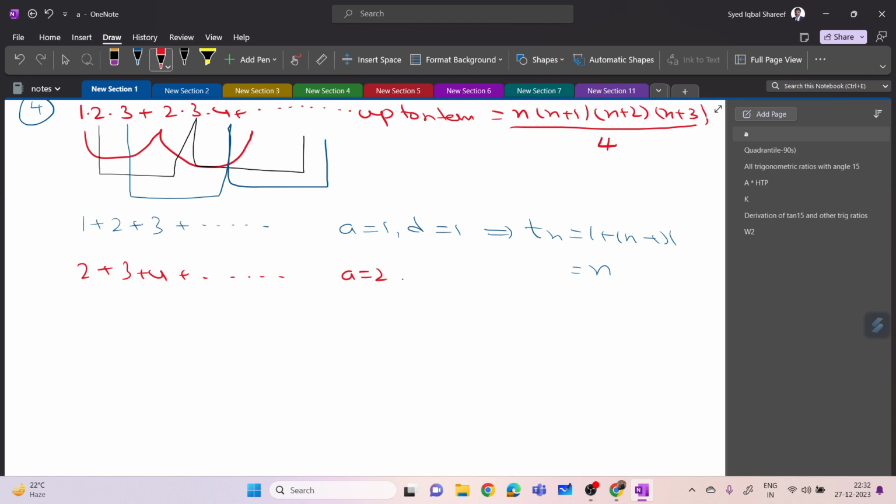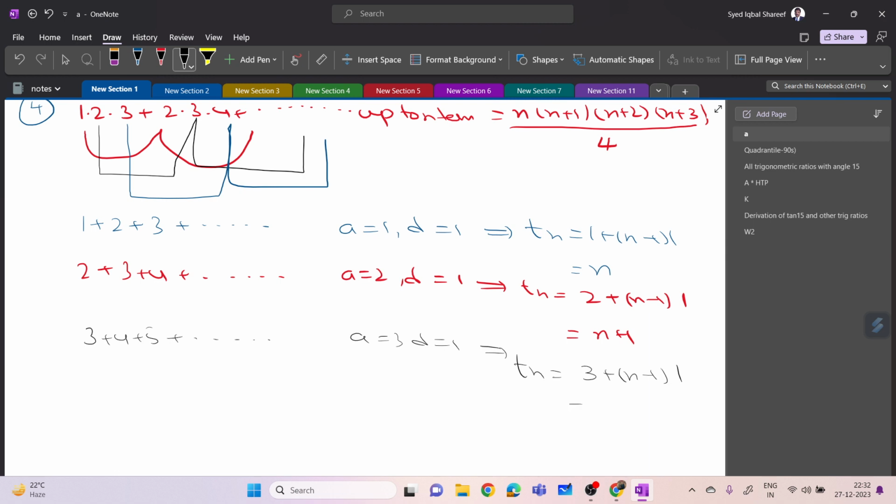Your A is 2, D is 1. So Tn is A plus (n minus 1) into D. Difference is 1, so n plus 1. Similarly, for the third one, 3, 4, 5, A equal to 3, D equal to 1. So Tn equal to 3 plus (n minus 1) into 1.